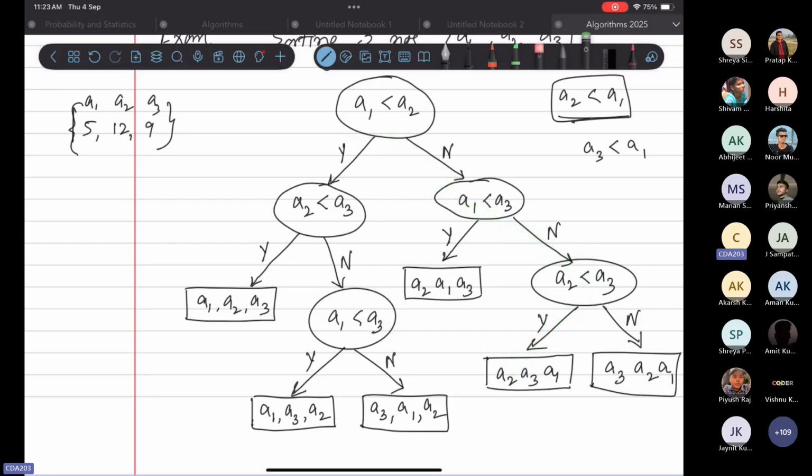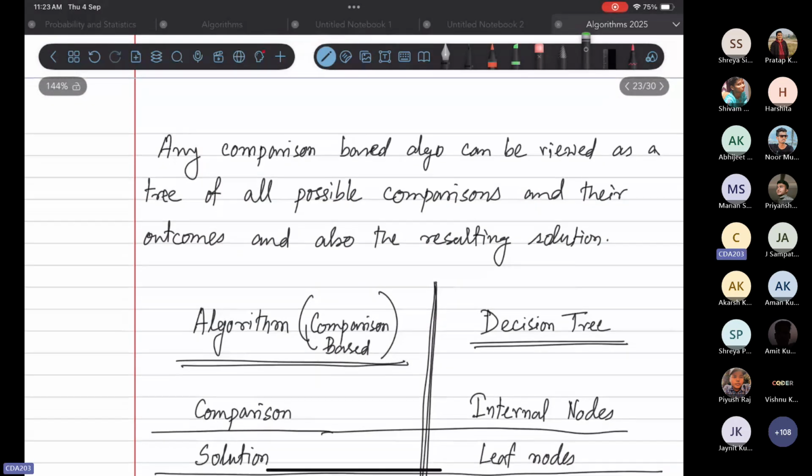So height is basically the length of the maximum such path from root to the leaf. Like the longest path you take, that's the height. And in terms of the algorithm, what is that? What do you call that number in terms of the algorithm? Everyone knows height, depth.